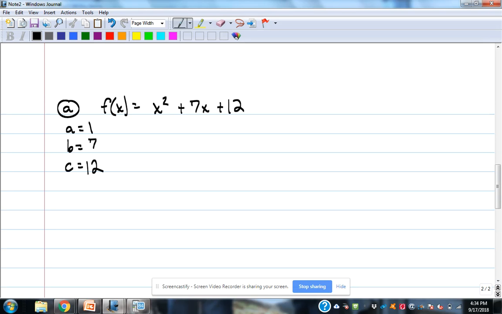Okay. All right, so let's find the first thing. Let's find the axis of symmetry. I'm going to abbreviate that. Negative b over 2a is the formula. So negative b means change the sign of whatever b is.